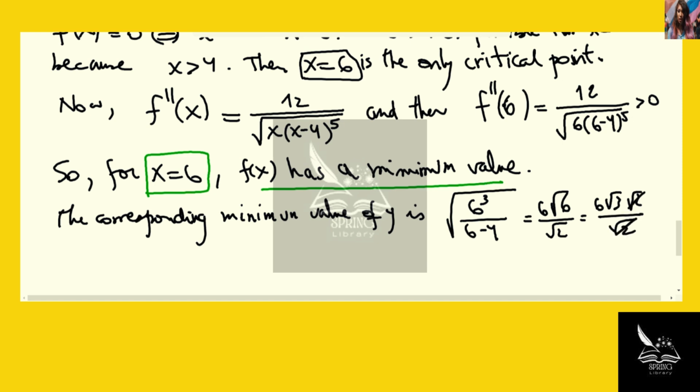And so 6 square root of 3, which is about 10.3923 inches.